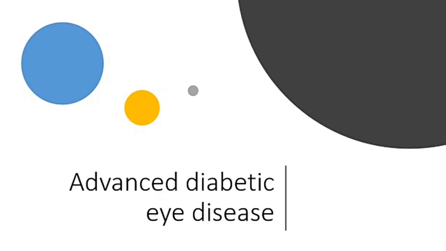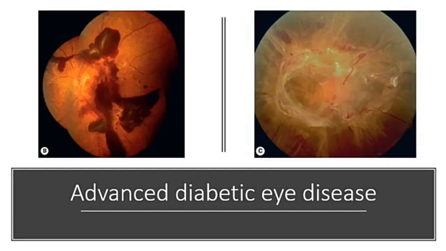And then the final category of diabetic retinopathy is advanced diabetic eye disease. In advanced diabetic eye disease, this is indicative of a serious complication of diabetic retinopathy, which affects the vision, and it can occur in patients who have not had treatment or if treatment has not been successful.